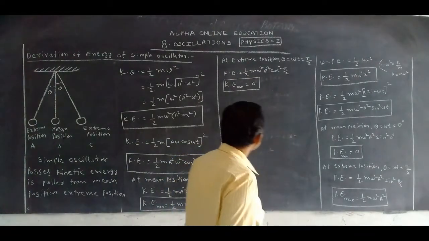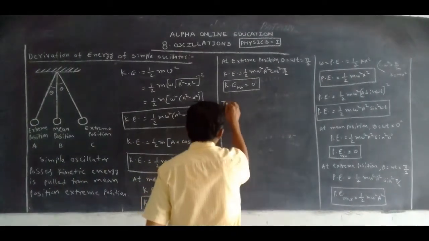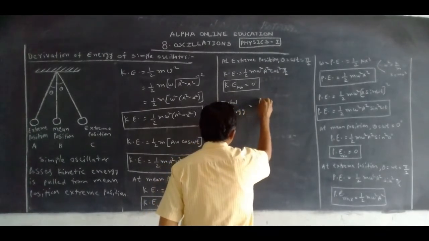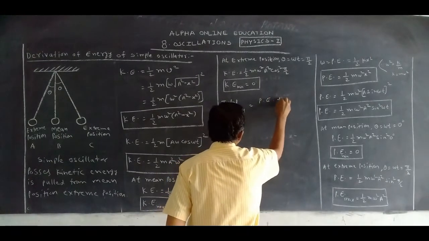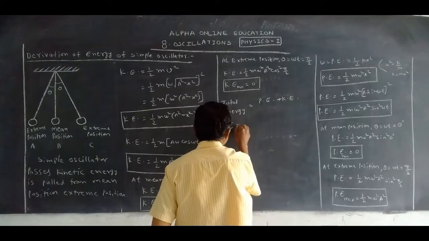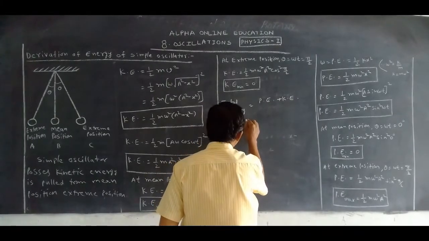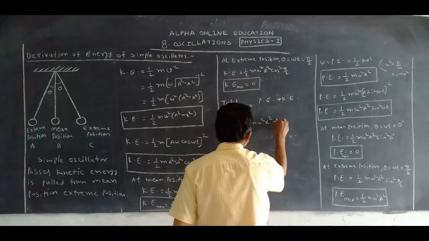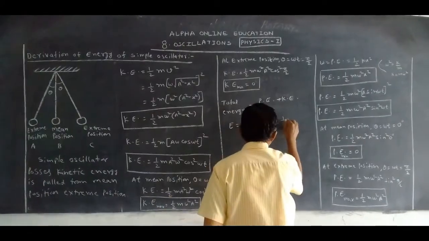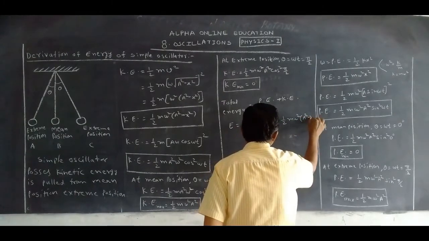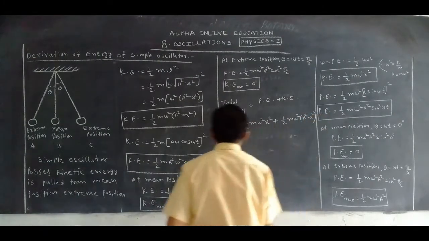Now, total energy is equal to potential energy plus kinetic energy. Total energy E. Potential energy formula is half m omega square x square. Kinetic energy is half m omega square into a square minus x square.